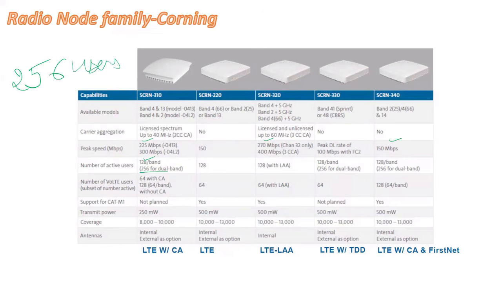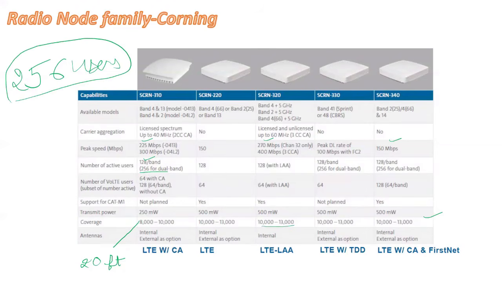Coverage for 310 is around 8,000 square feet, for 220 it will be 10,000 square feet, and so on. So we also have to take care of coverage. Coverage is 8,000 to 10,000 square feet for SCRN 310. For 220, it's between 10,000 to 30,000. For 320, between 10,000 to 13,000, and so on, right? But we should take care of that. The maximum number of users supported is 256 users in case of Corning.